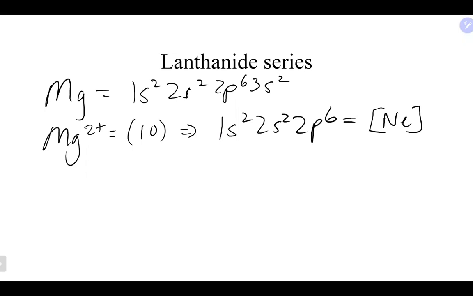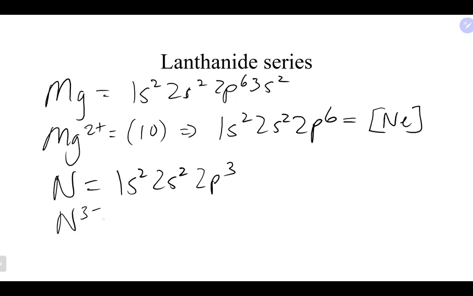If we took, say, nitrogen, which we did earlier, 1s2, 2s2, 2p3 would give us nitrogen. If nitrogen ends up with a -3 charge, it will then have 10 electrons as well, right?